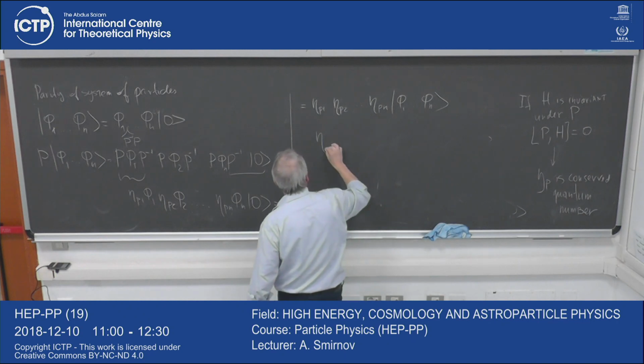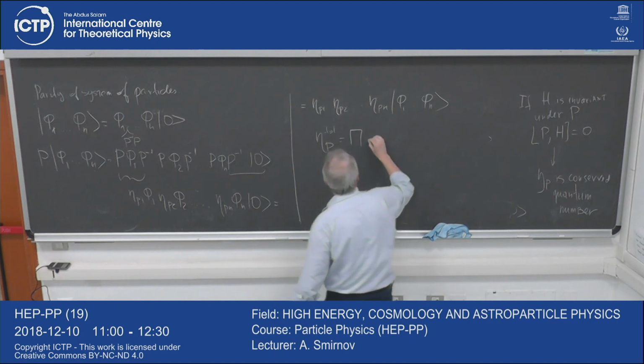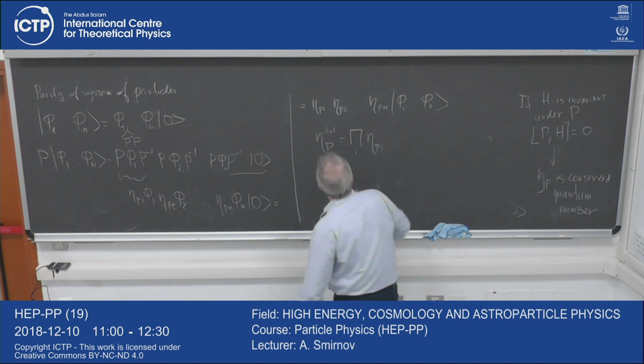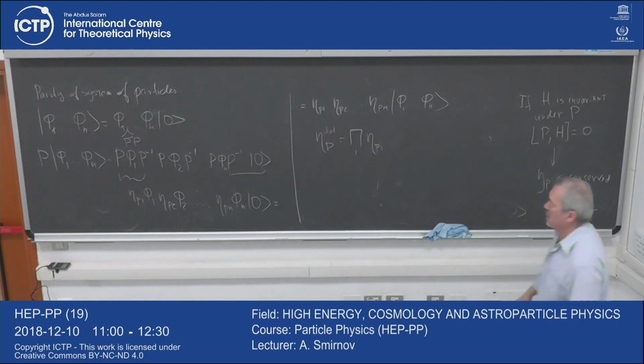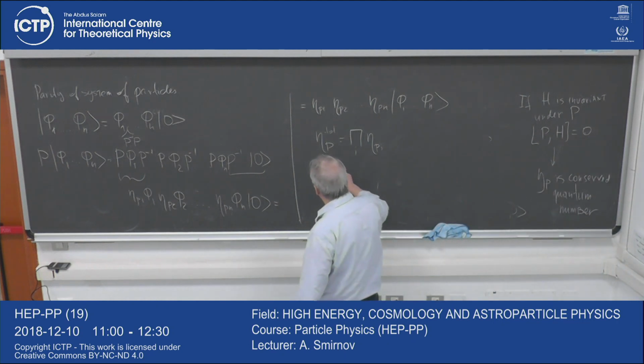So the total parity of our state equals the product of eta Pi over all fields which are in the system. So this means that parity is a multiplicative quantum number.